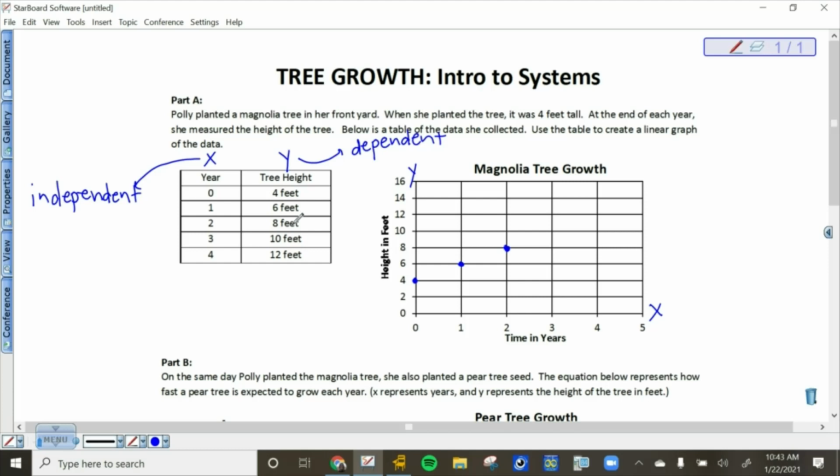At year 3, the tree is 10 feet, so I go over 3, up 10. And at 4 years, the tree is 12 feet, so I go over 4 and up 12. And then I can connect my points and draw my arrowheads. So I've just come up with one equation.